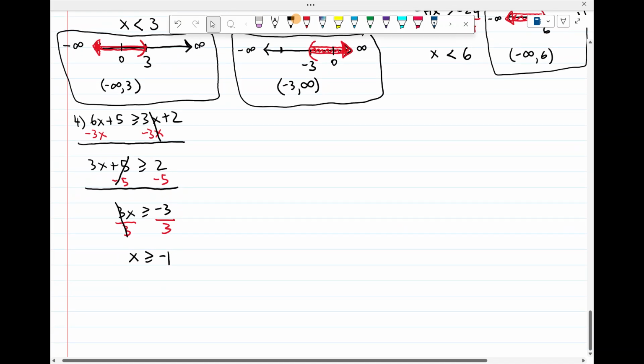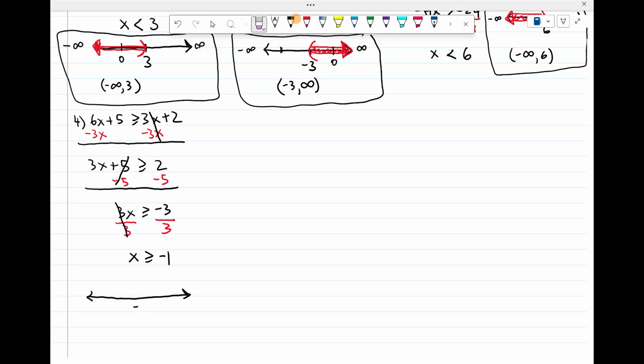All right, so let's express our answer first on the number line. So here's negative 1. Since x is greater than or equal to negative 1, I'm going to shade everything going to the right. And since it's a greater than or equal to, I use the square bracket.